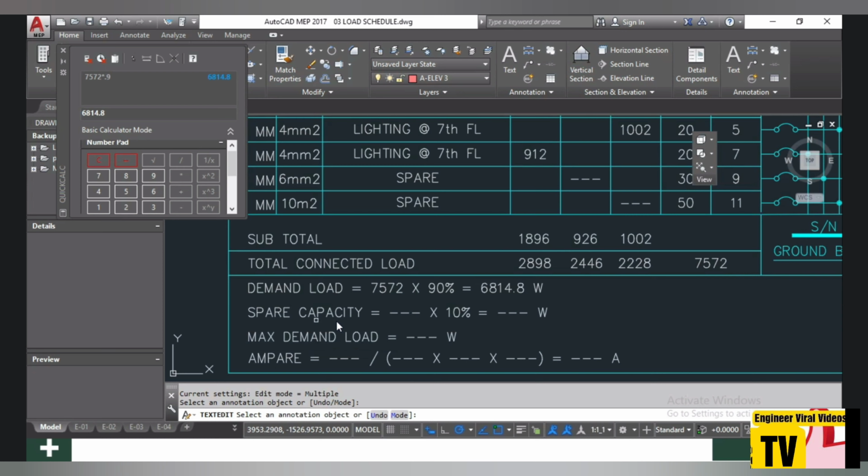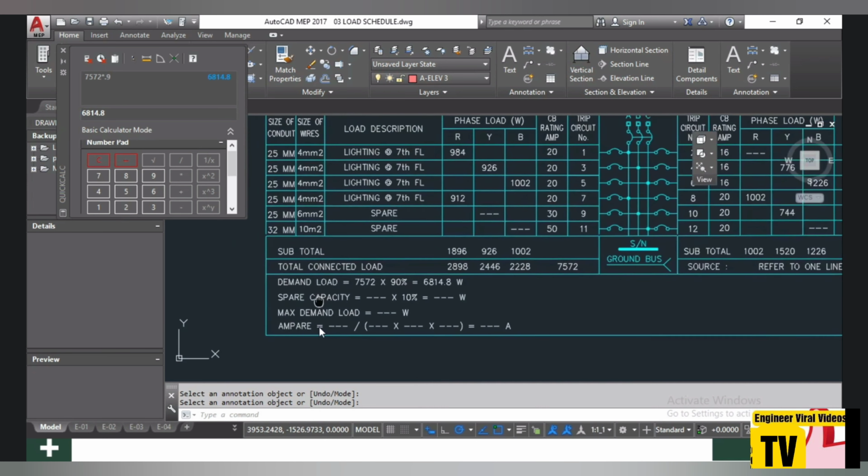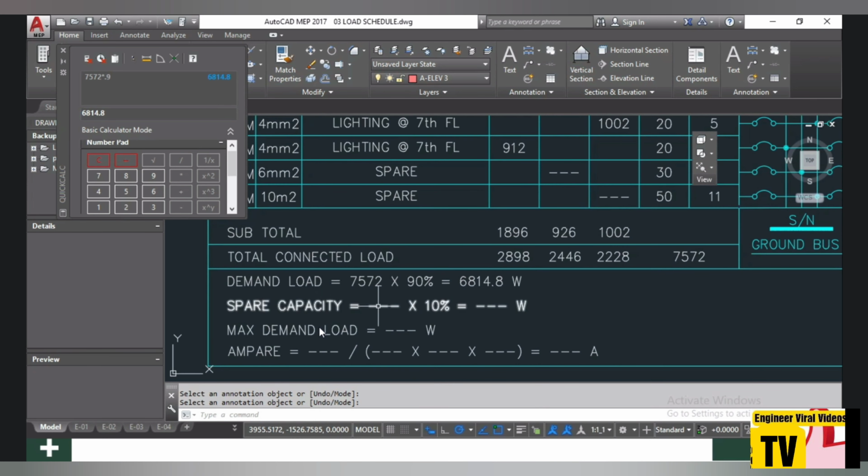And here also, as we said, we require 10% spare, or some people call it the future load. 6814.8 multiplied by 10% equals 681 watt.